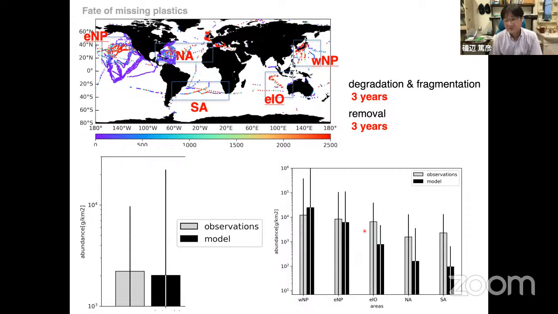I'm not sure of the reason, because the microplastic release from the European countries and the countries surrounding the Atlantic Ocean is not so high compared with the Asian areas. So the lower amount is reasonable, but in reality, the abundance of the microplastic in the Atlantic is relatively higher than we might have imagined.